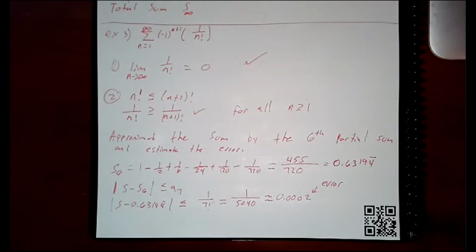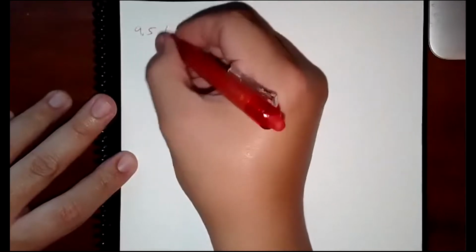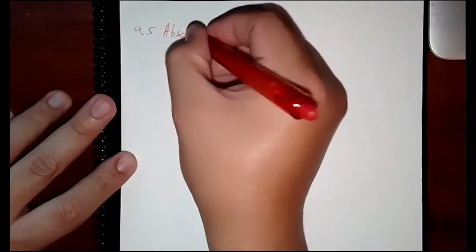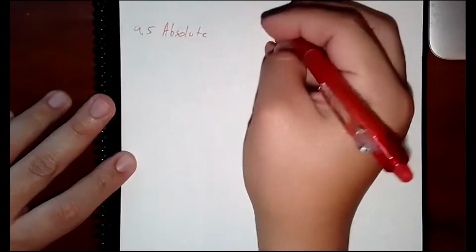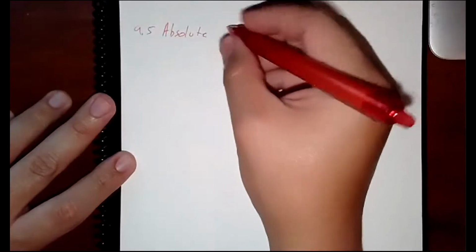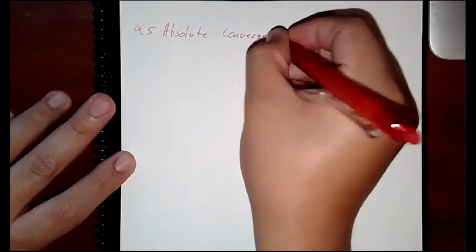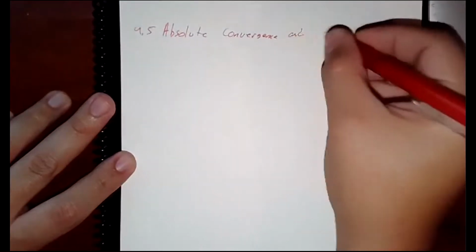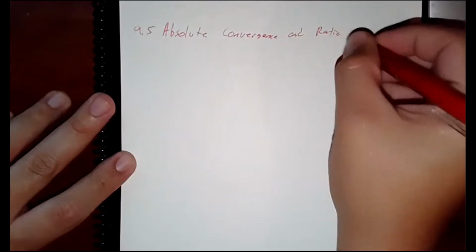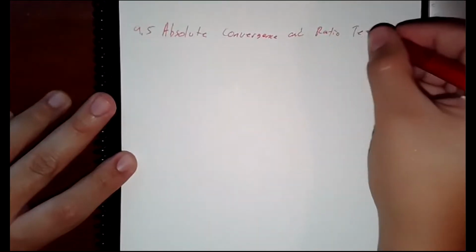So we need to do a couple more sections then. Yeah, 9.5 is absolute convergence, and the ratio test.